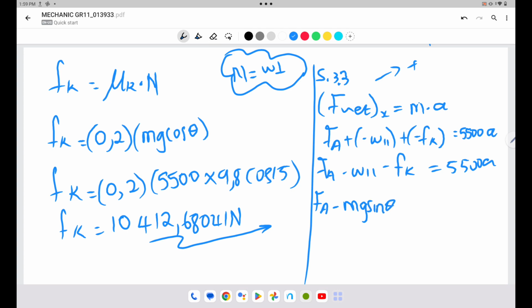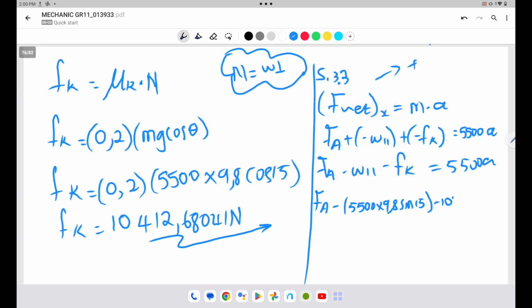So straight up, I'm just going to substitute right there. So I have mass 5,500 multiplied by 9.8 sine of 15 minus Fk. Where's Fk? We calculated it. 10,412,68. I'm not going to be able to write all those figures.